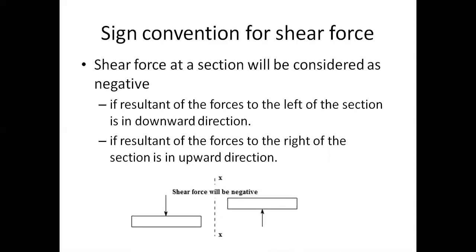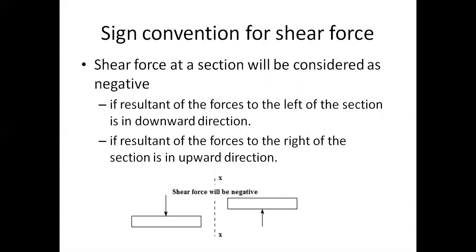Here it is schematically. Shear force will be negative if the left side is downward and the right side is upward. In the previous example, it is a positive shear force because on the left-hand side it is upward and on the right-hand side it is downward. Both are 500 newtons, so you should take it as positive.